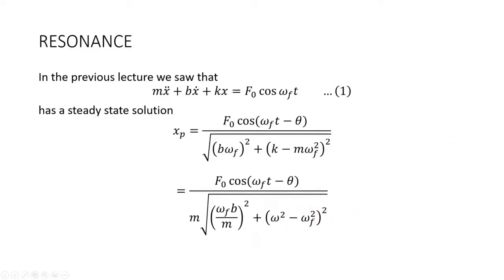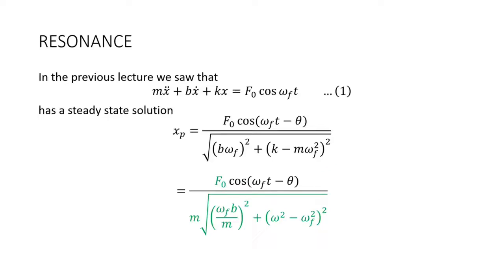Now, what we want to do is see how the amplitude changes if the frequency of the external force is modified. Clearly, how large the amplitude of the oscillations of the steady state is depends on the angular frequency of that external force, because the omega f term appears in the amplitude.